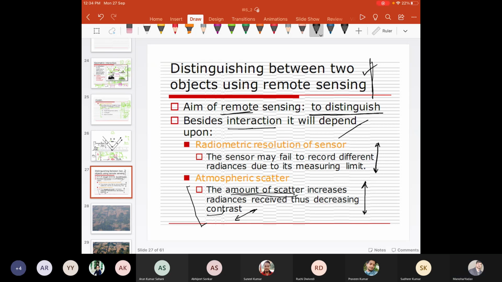When we consider the radiometric resolution of the sensor, there might be a possibility that at a certain time, a particular ground resolution cell is not recorded due to malfunctioning of the sensor.